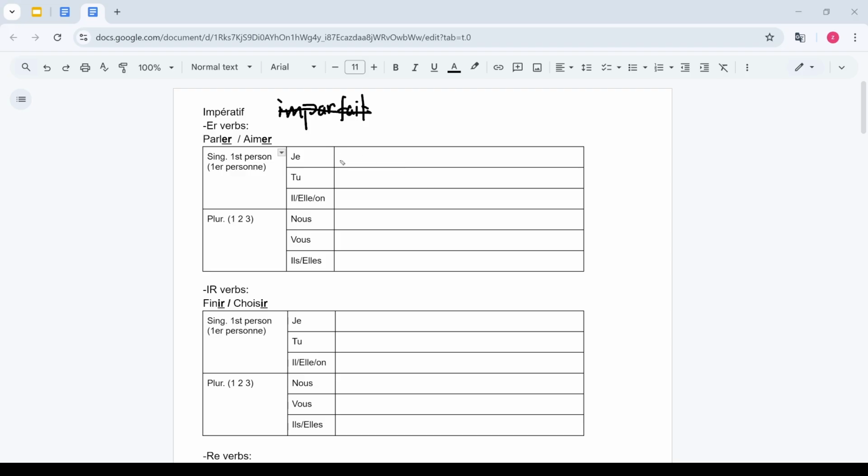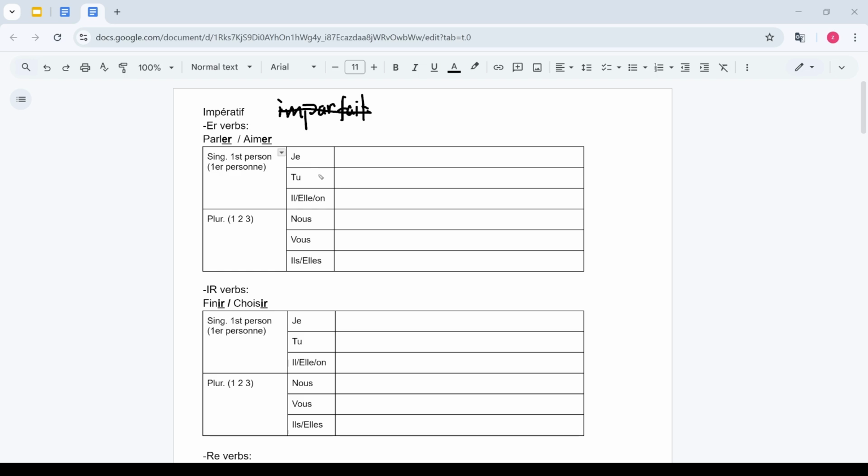And so how exactly do we use this? Let's talk about how to conjugate this. So impératif is very, very easy if you know present tense, which we learned in a previous video. It's just a verb conjugated in present tense with one little additional step.